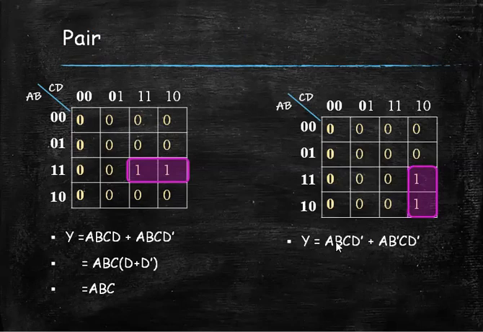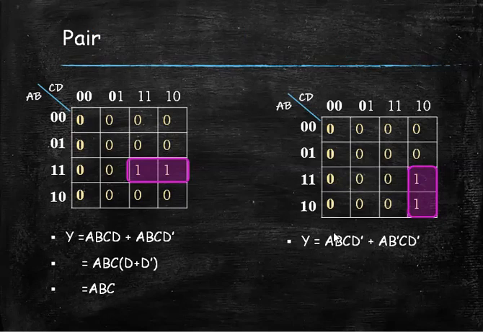We know that when we move horizontally or vertically in a pair, if any variable is changed, complemented or uncomplemented, that must be removed.